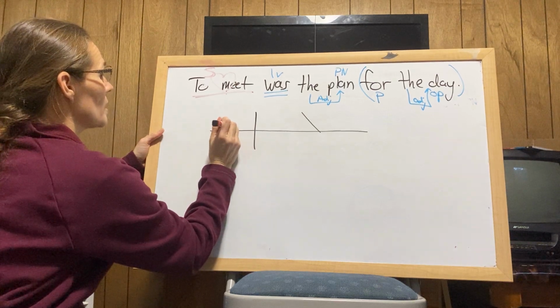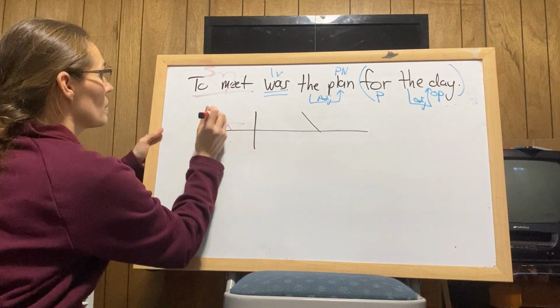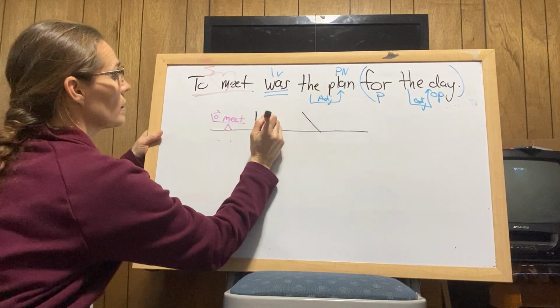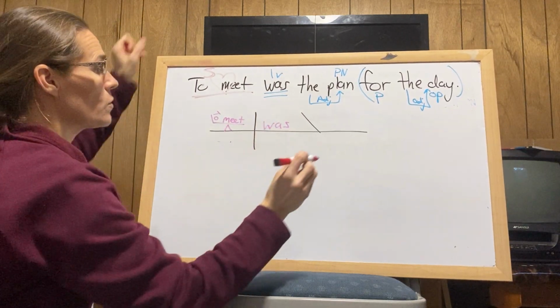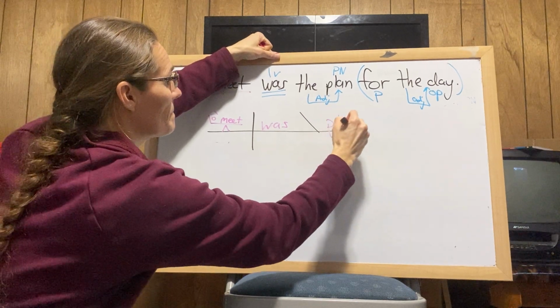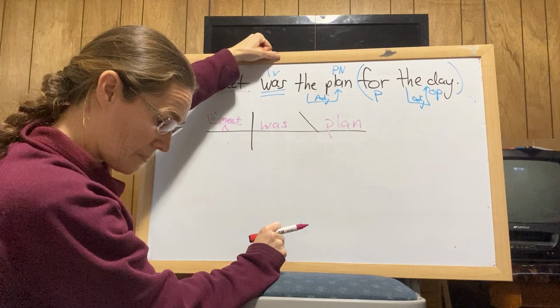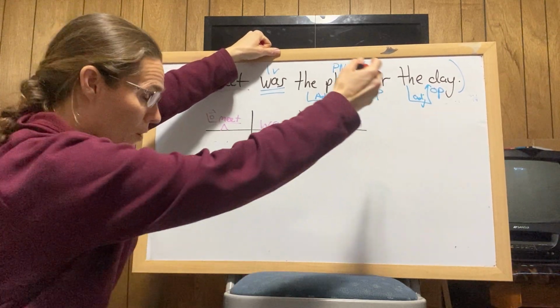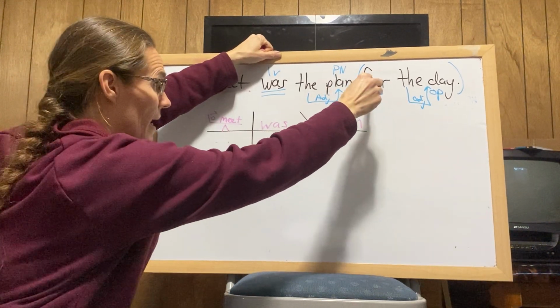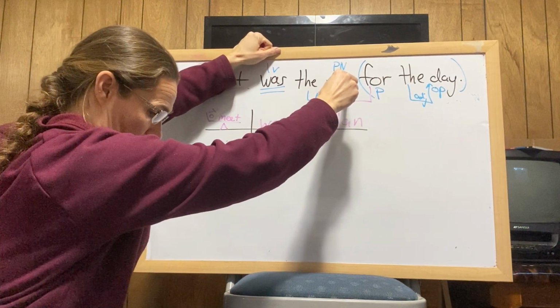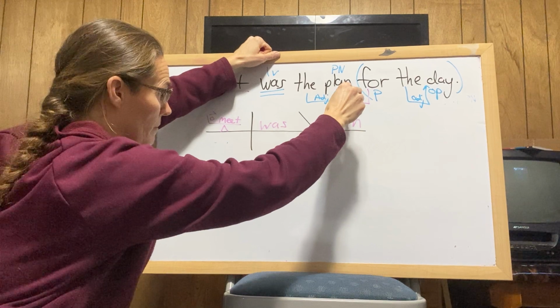Our verbal gets up on a pedestal. To meet. Was what? Plan. And we forgot to say that for the day is an adjectival preposition pointing to plan.